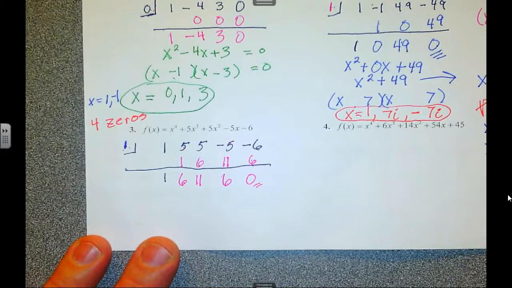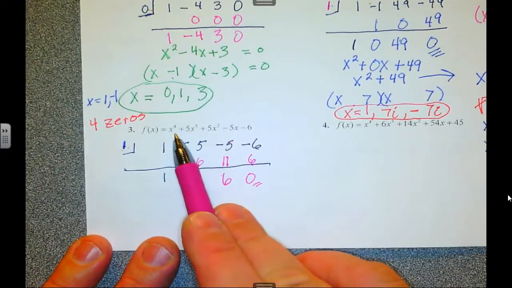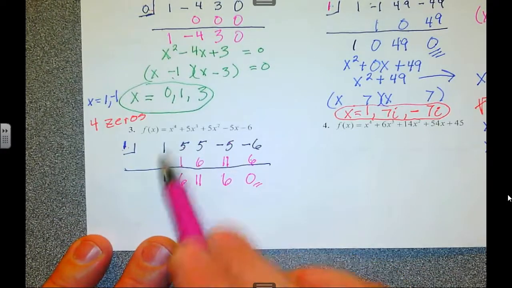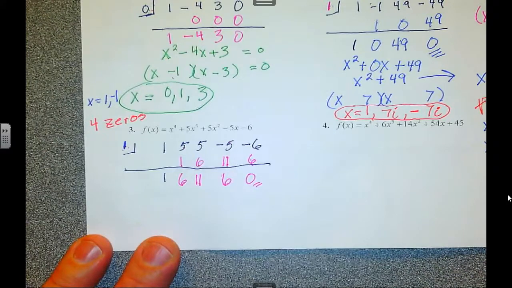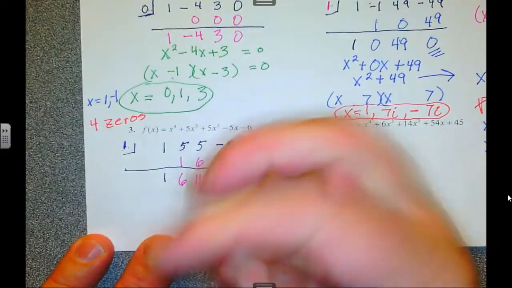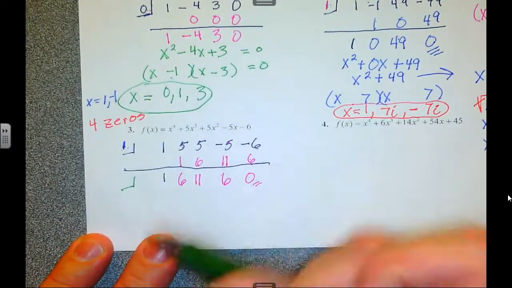Okay? So I'm down to a cubic. I went from a quartic, now I have a cubic. So now I'm going to divide it again by the other 0 I found, negative 1.